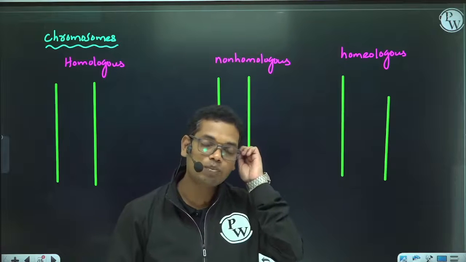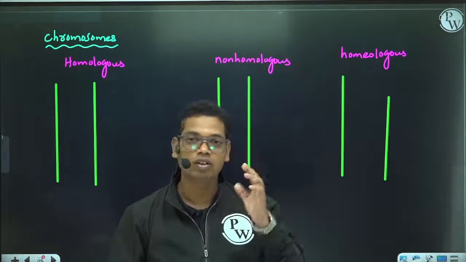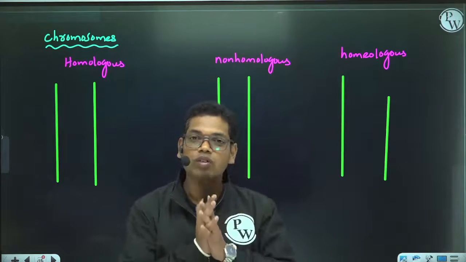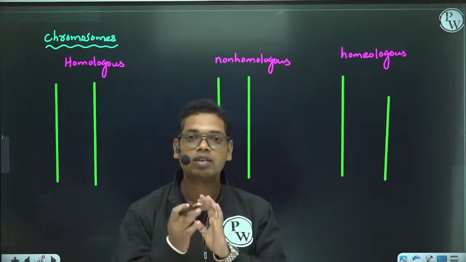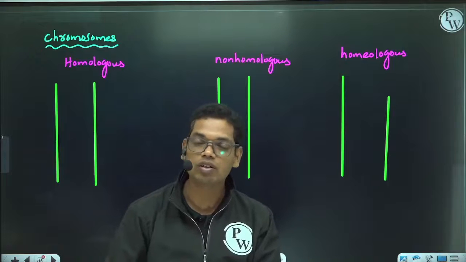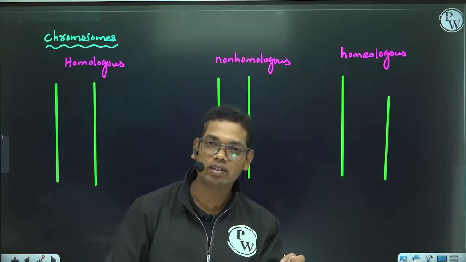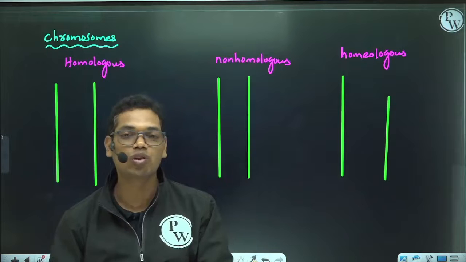chromosomes. The important point you have to remember is that autosomal chromosomes will have genes which control only the somatic characters, but sex chromosomes will have genes controlling somatic characters, and some genes controlling the sexual characters.